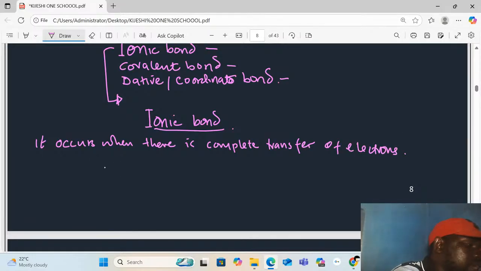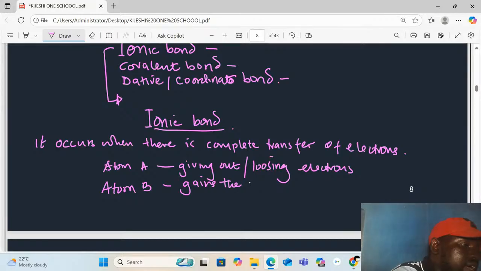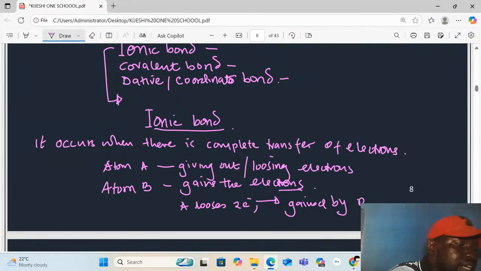Basically, say we have an atom A giving out or losing electrons, and the same electrons are gained by atom B. So if A loses 2 electrons, then these 2 electrons will be gained by B. That is why we are saying there is complete transfer.